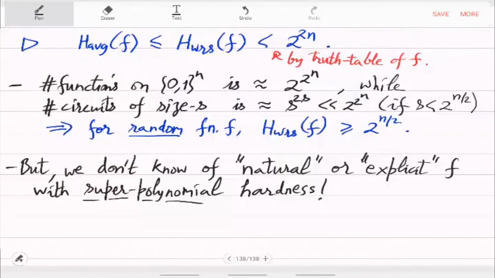So actually we will be interested in these explicit functions with super polynomial hardness, in the ideal case exponential hardness. And then we will relate that to the construction of PRGs, and from PRGs you will get the derandomizations.